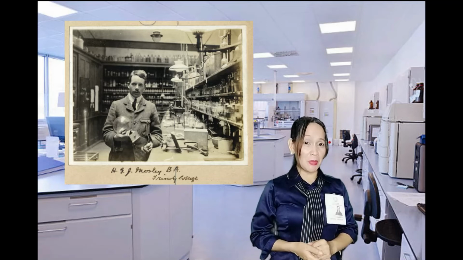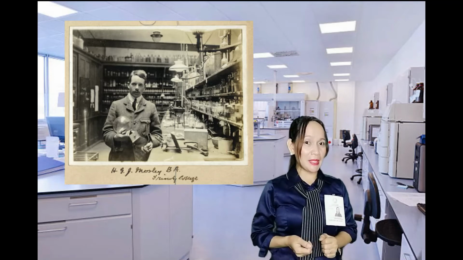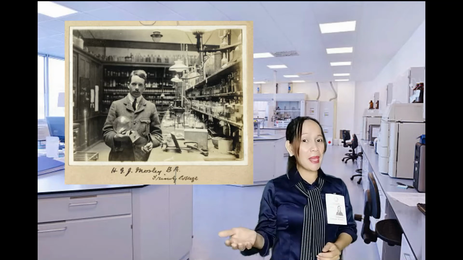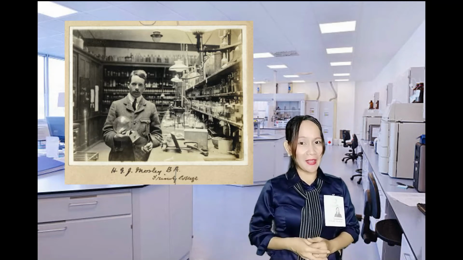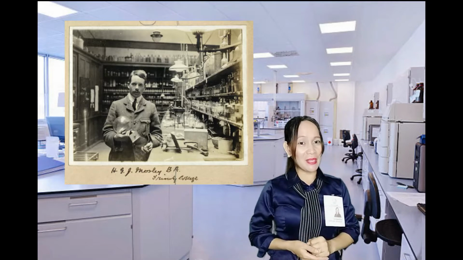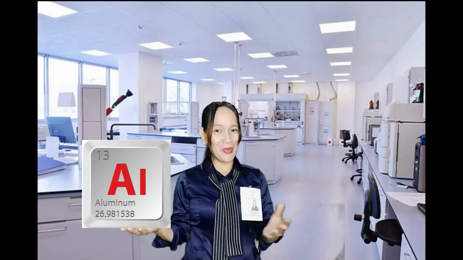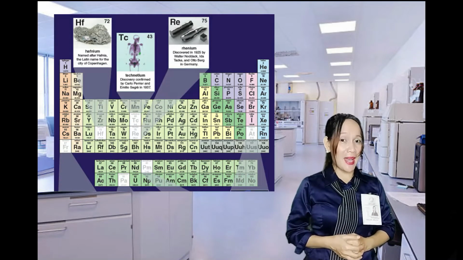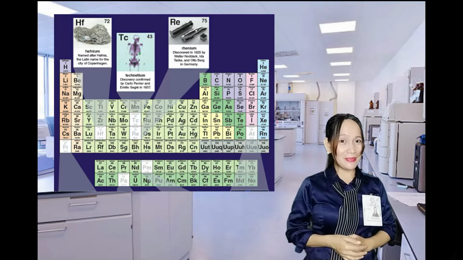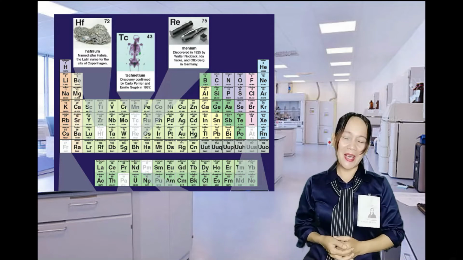Moseley also published a paper on the arrangement of elements in the periodic table based on their atomic numbers. He also stated that there were 3 unknown elements between aluminum and gold. Can you identify those missing elements in the periodic table? Okay, good job!